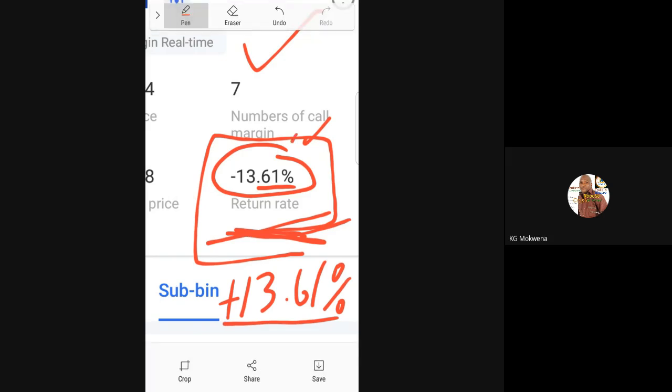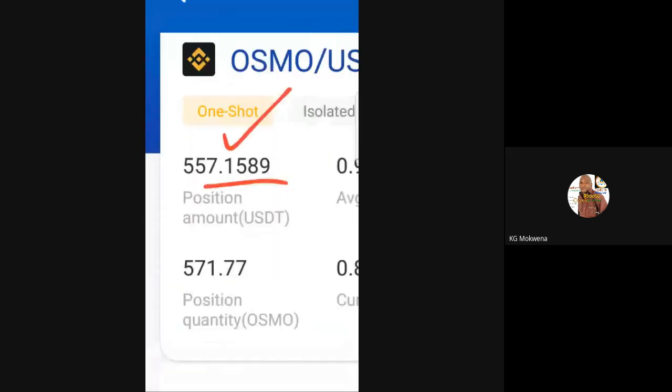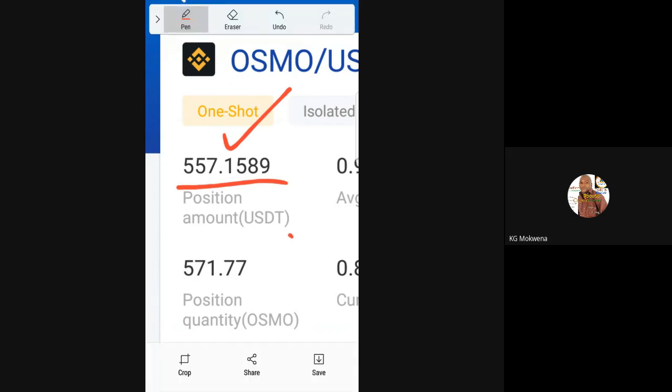So we're going to have zero return rate here, 0% return rate. Therefore, the whole position will be worth 557. These are mathematical algorithms. Everything balances out as per the formulas.